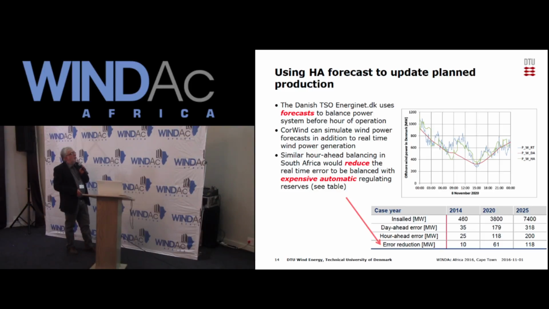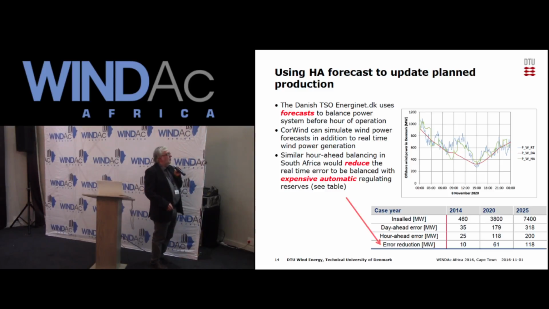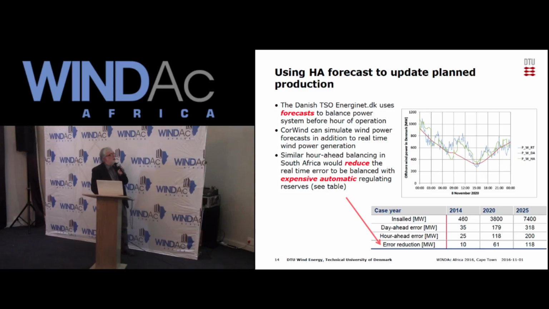We were using these simulations also in South Africa for the cases that we have here, and we were comparing how much we can reduce the real-time imbalance by using this hour-ahead forecast.